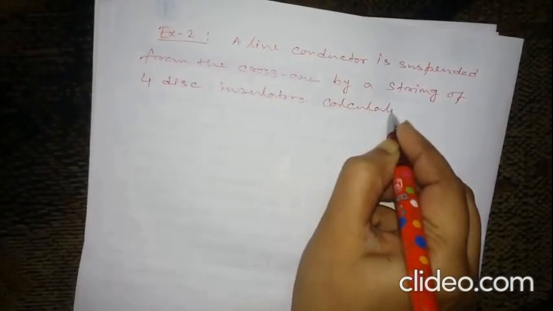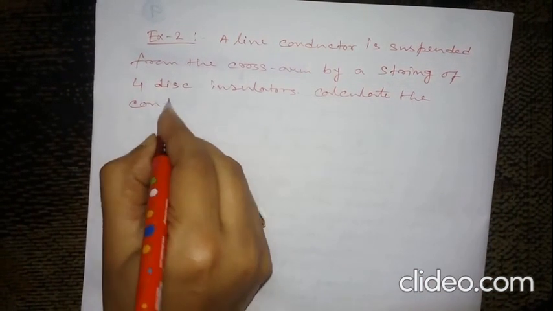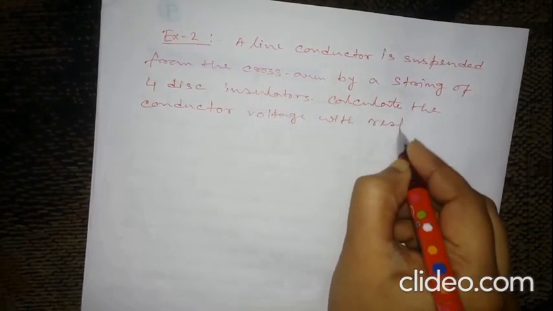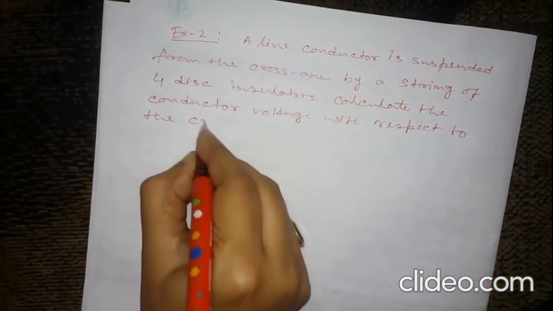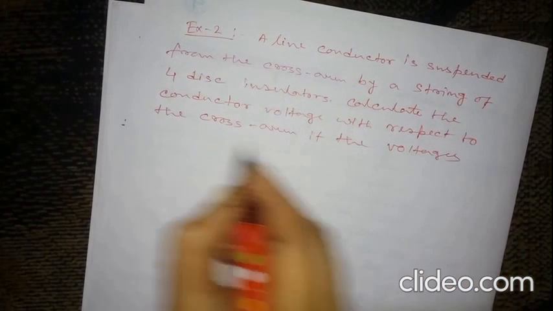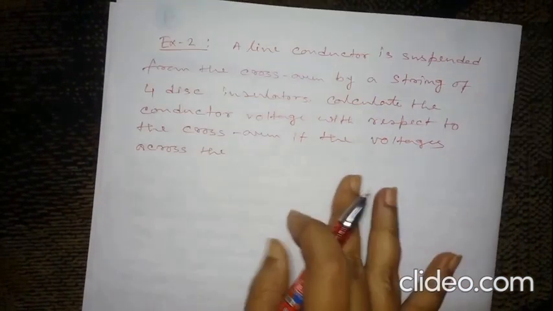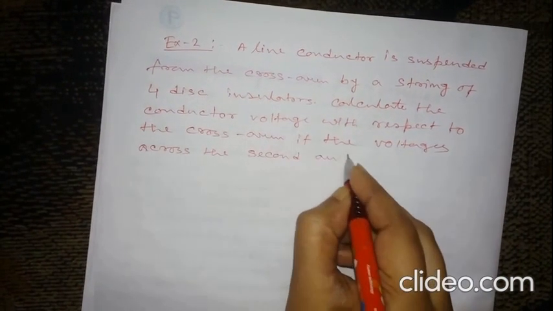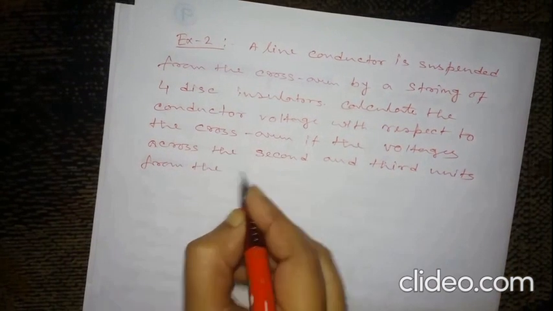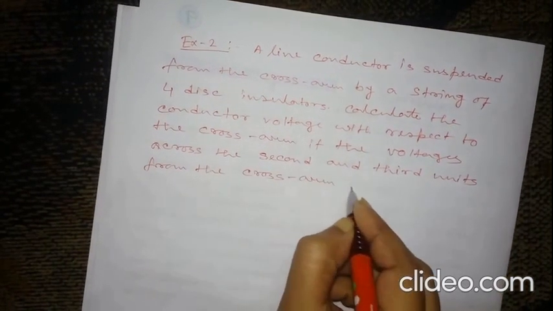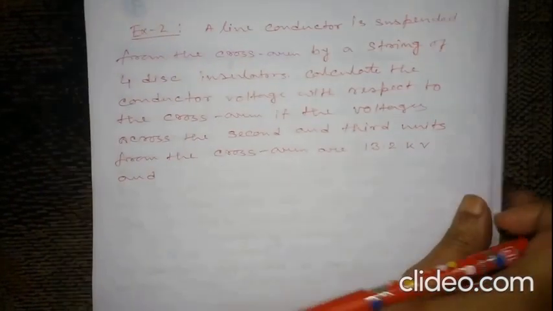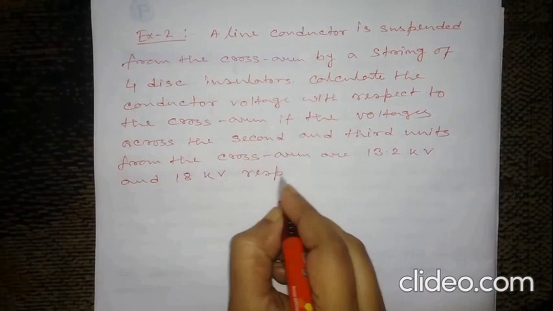Calculate the conductor voltage with respect to the cross arm if the voltage across the second and third units from the cross arm are, say, 13.2 kilovolt and 18 kilovolt respectively.